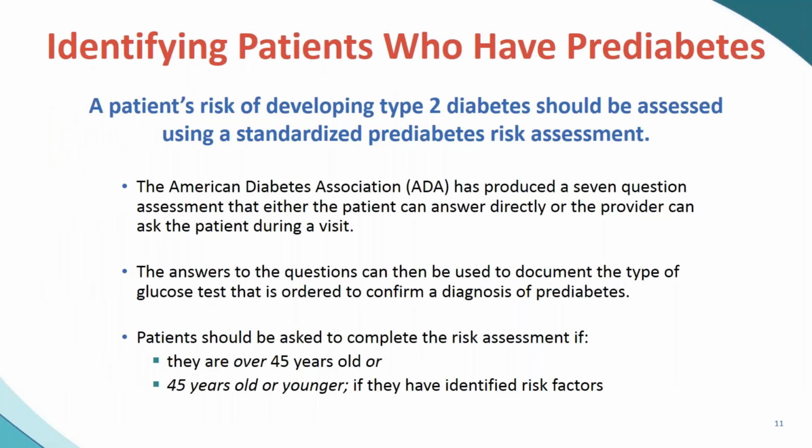Okay, so one of the things that the American Diabetes Association has done, which I think is quite helpful, is they put together the information that you all would normally ask a patient anyway as part of a patient intake, but it draws it together into a self-assessment form that scores the patient on a scale of 0 to 10 as to whether or not they are at risk of developing diabetes.